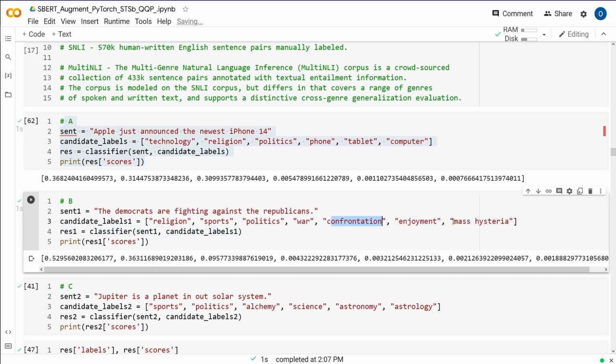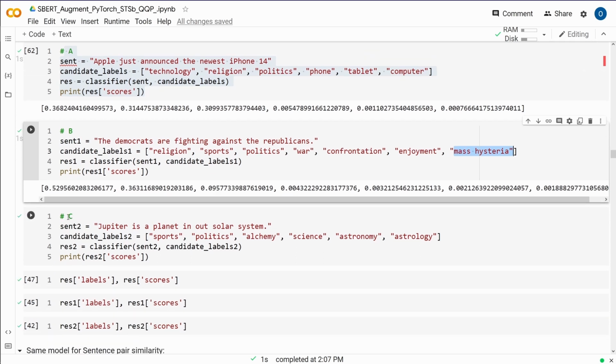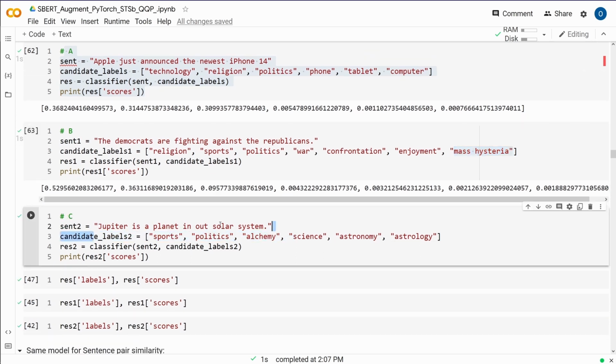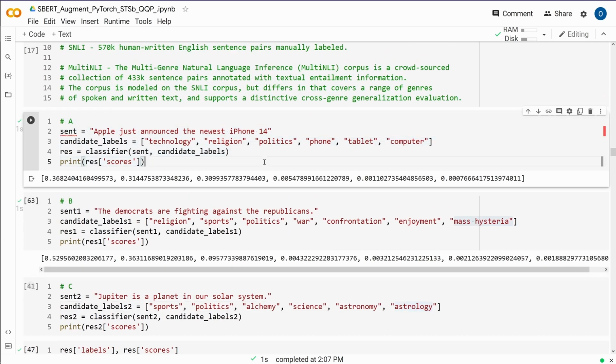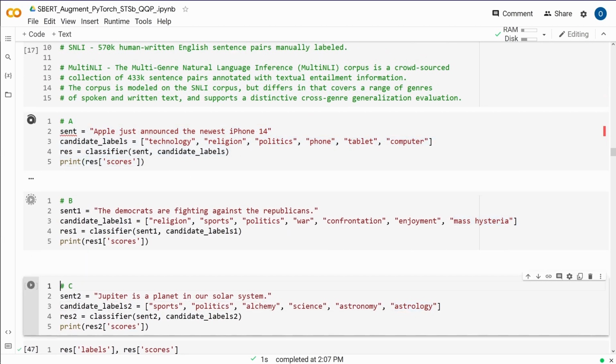Is it an enjoyment? Is it mass hysteria? I have no idea if mass hysteria exists as a label, but I just inserted it there. And then the sentence C is, Jupiter is a planet in our solar system. And I say sports, politics, alchemy, science, astronomy, astrology. And I say, these are my 3 sentences. So let's calculate it. 1, 2, 3.